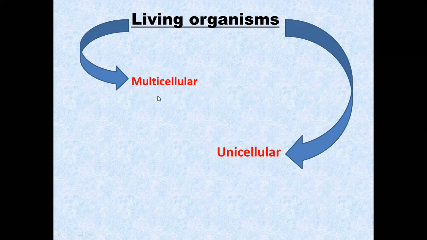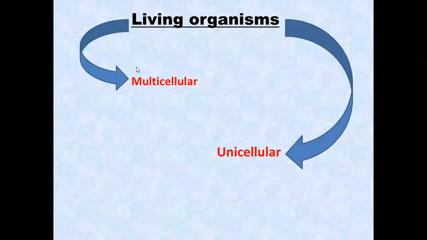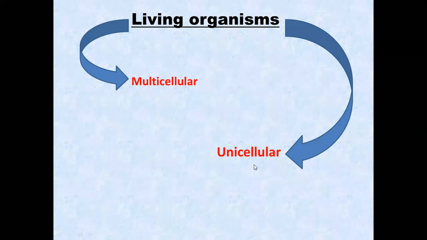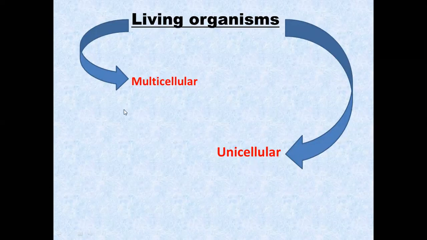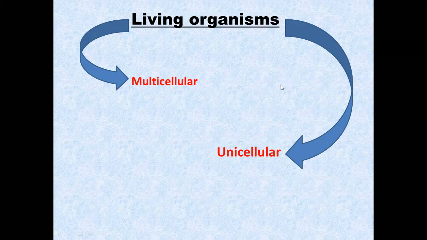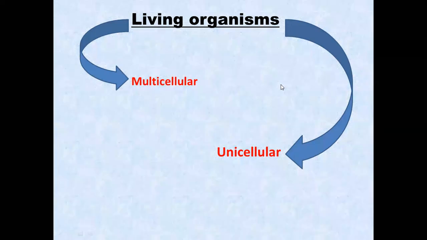So some living organisms have many cells in their body, and some other living organisms have only one cell in their body. So multicellular means the living organisms that have many cells in their body.